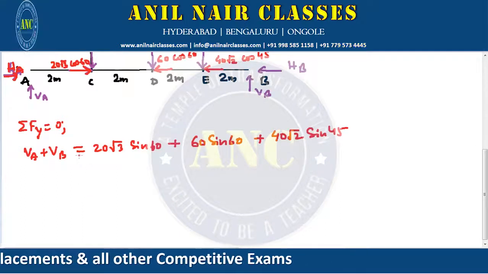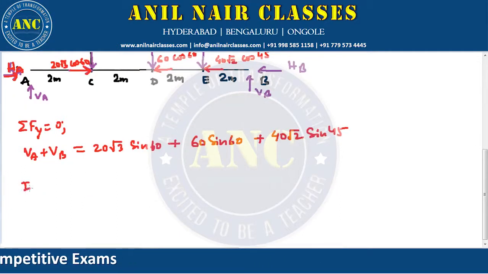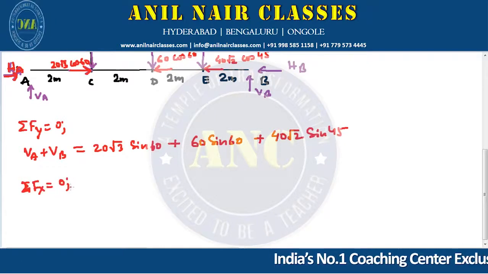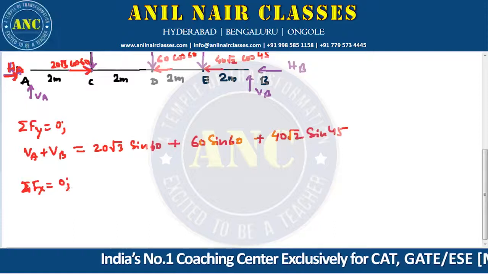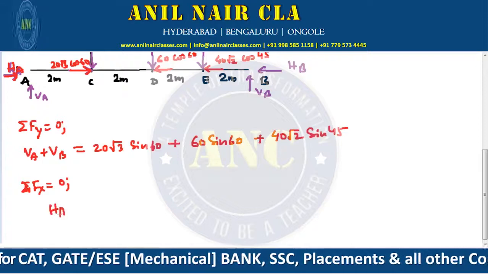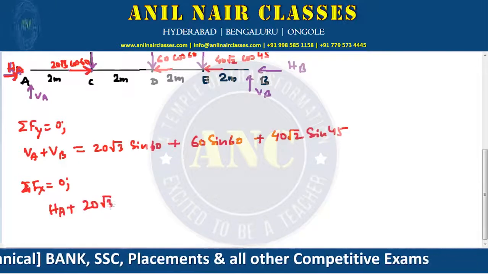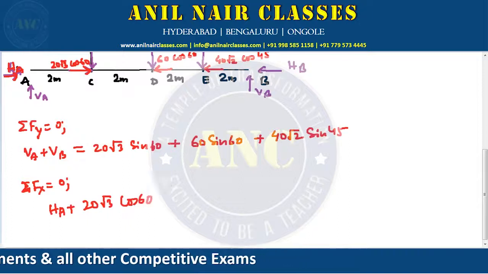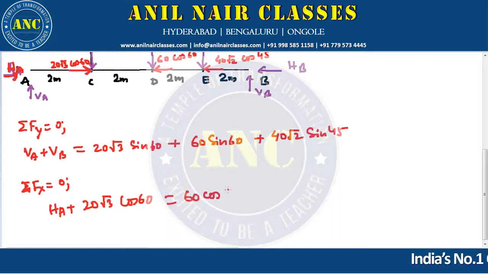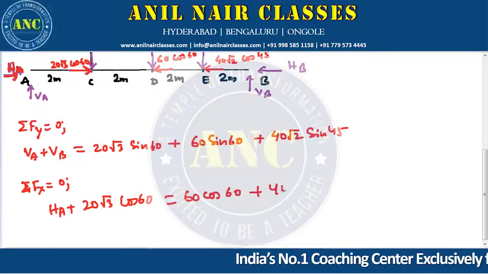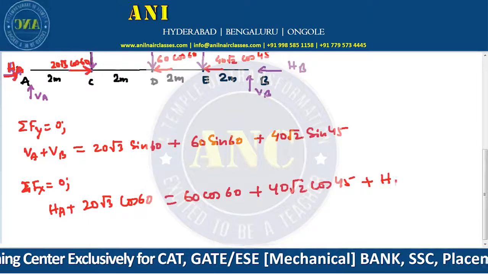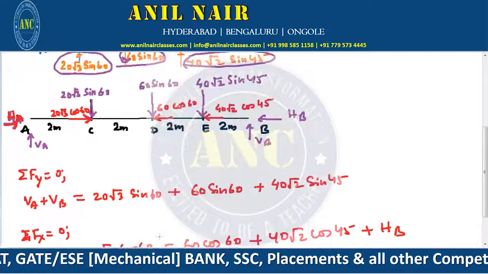This is one equation. Similarly we'll go with sigma Fx equal to 0. HA plus 20 root 3 cos 60, and in the other direction 60 cos 60, 40 root 2 cos 45, plus HB. So from here we get the equation of HA and HB.